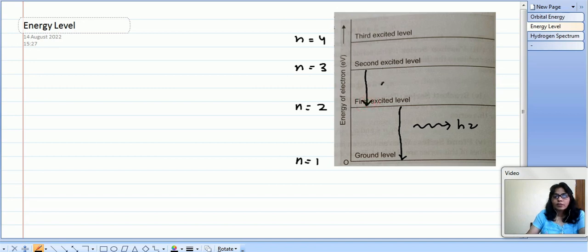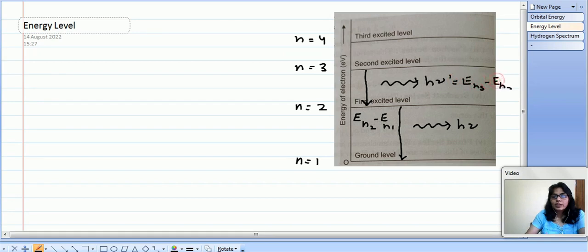In a similar way, if the electron jumps from this energy level to this energy level, again a photon will be emitted of frequency nu dash, which will be different from this nu. Here h nu is equal to E n2 minus E n1, and h nu dash is equal to E n3 minus E n2.